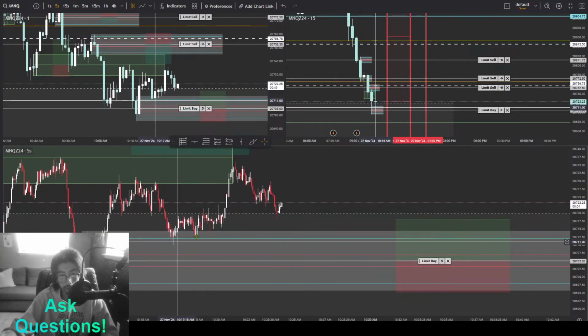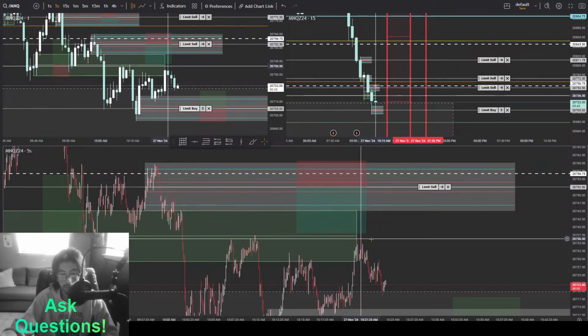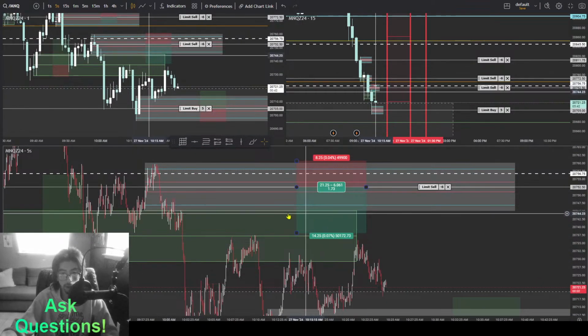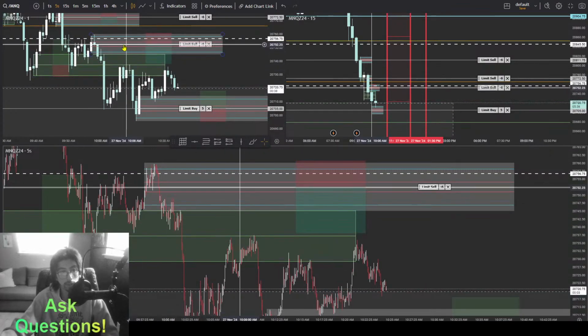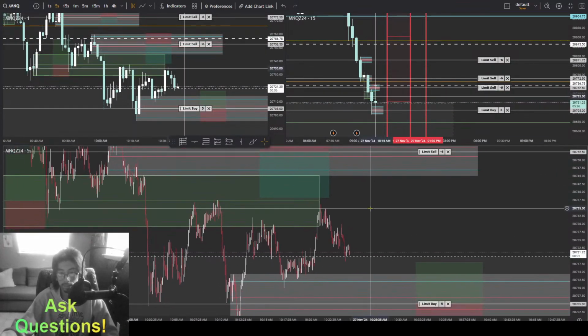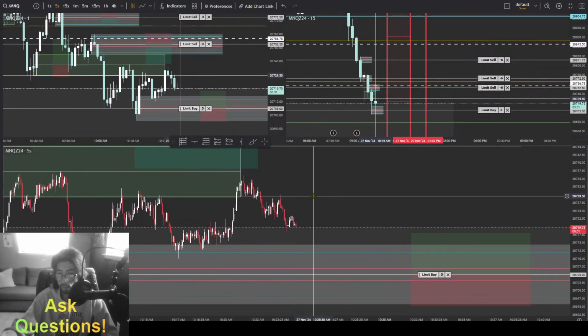So yeah, I want this play right here. Let's see. I might go for the eternal swing on this one just because there's a 1-minute zone. I'm doing a whole lot of nothing right now.